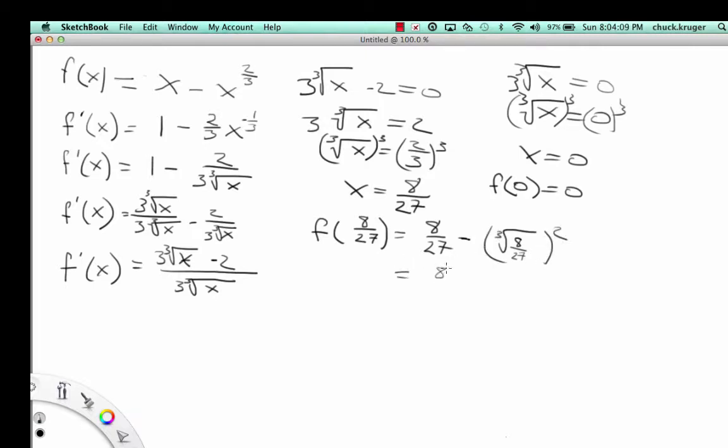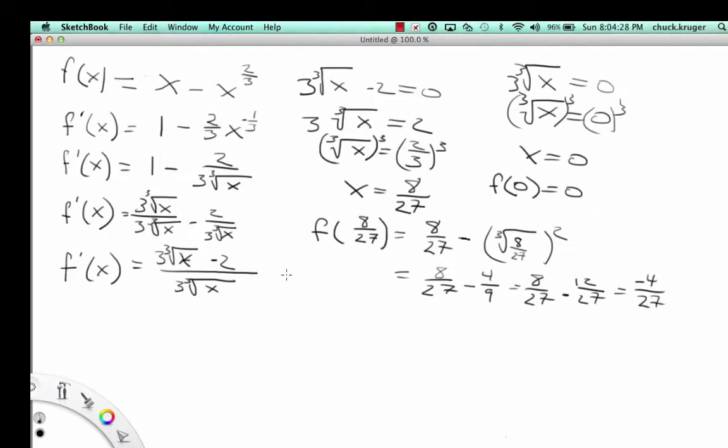The cube root of 8/27 is 2/3, squared is 4/9, which is 12/27, so I have 8/27 minus 12/27, which is negative 4/27.